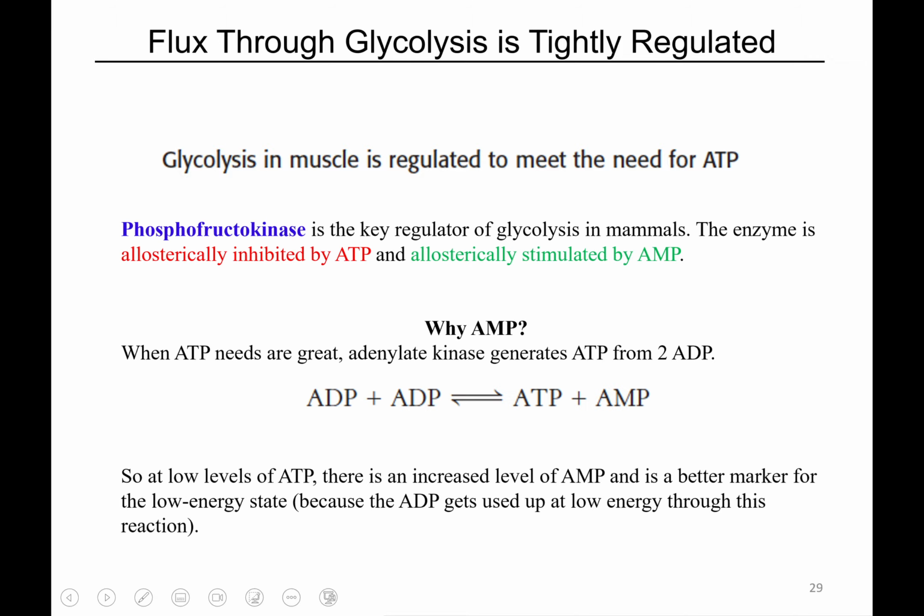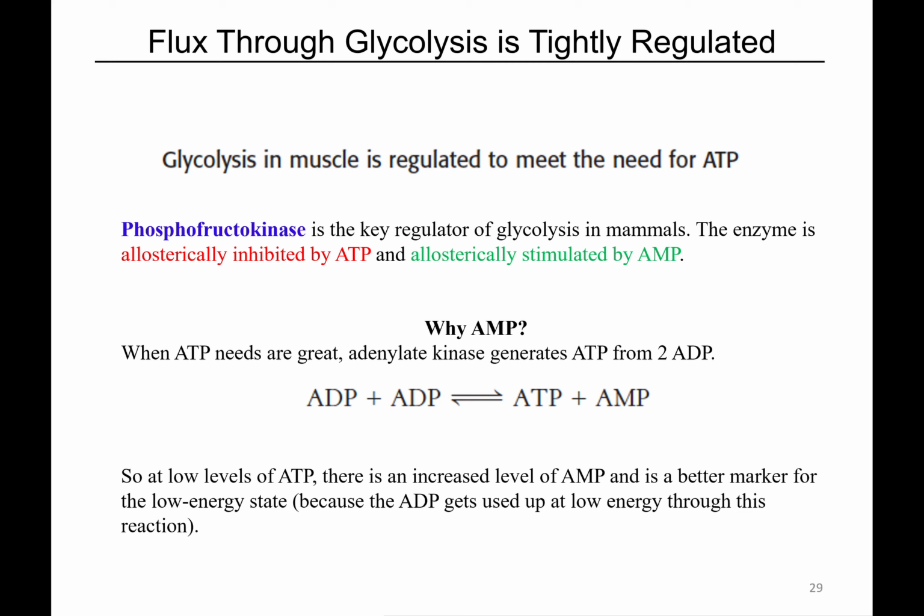So for cells, for organisms, flux really boils down to the energy charge of the cell. Remember that idea of energy charge was basically the relative amounts of ATP, ADP, and AMP. And we defined this idea of energy charge based on those relative concentrations, okay?